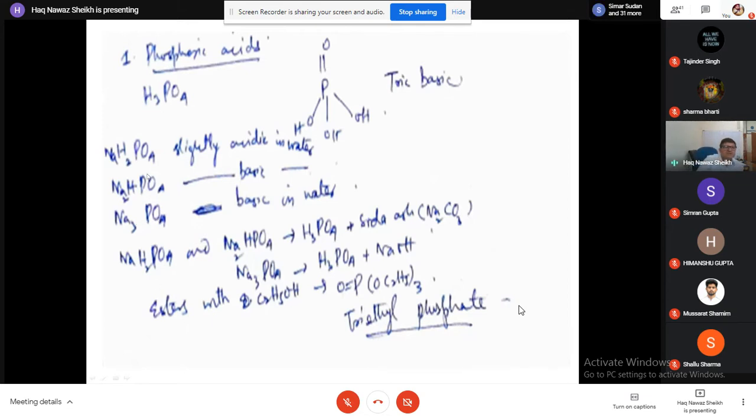Phosphoric acid also forms esters with alcohols. For example, when you treat it with ethanol, this gives triethyl phosphate. The hydrogen atom is replaced by the ethyl group, and water is released as a byproduct. So it forms esters, just as any acid will.